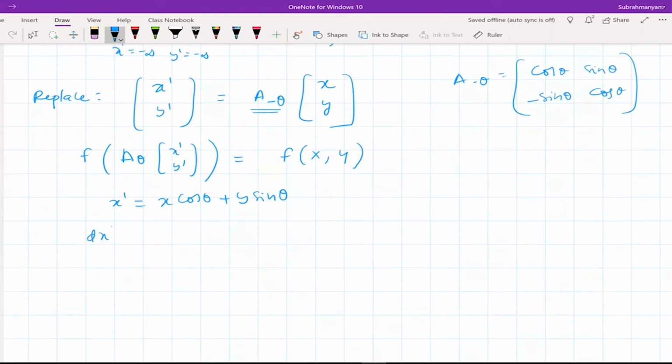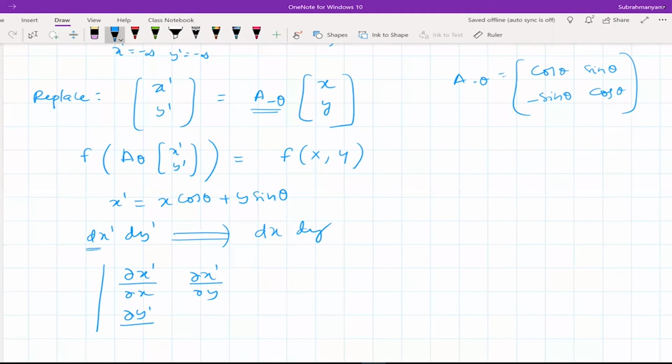Dx dash dy dash. That you should now write in terms of dx dy. Any idea on how you could do that? Differentiate the equation. Yeah, there are two variables here, so the Jacobian would come into the picture. From your calculus, I hope you are aware of this. Let's say dou x dash by dou x, dou x dash by dou y, and then you do it now.